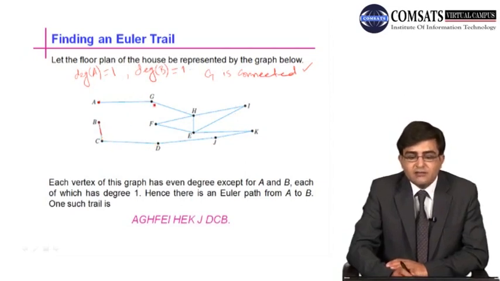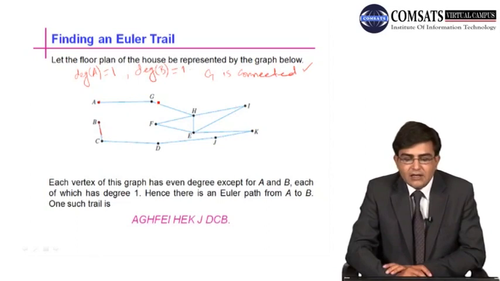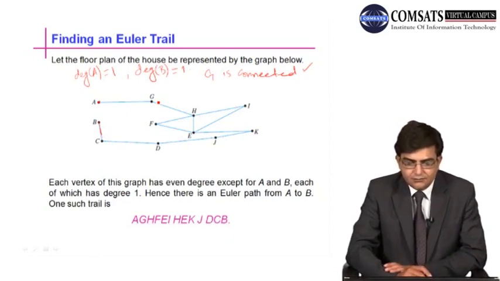So all other vertices have even positive degree, so all the conditions here are satisfied. Therefore we can say that there must be an Euler path in this floor plan, in this graph.